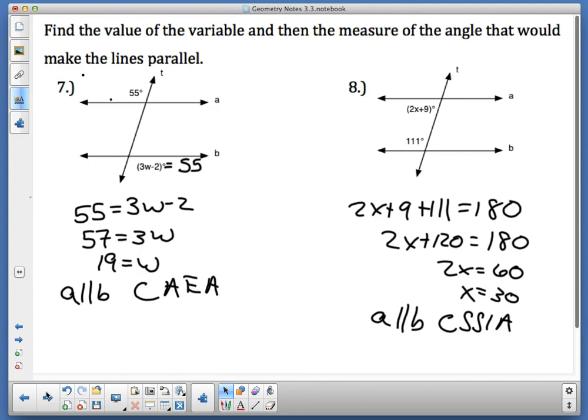You got 2 left, 9 and 10. So it's converse of corresponding angles.